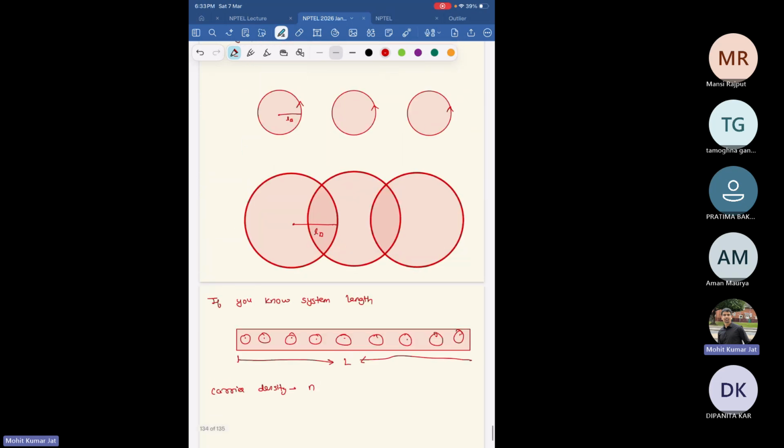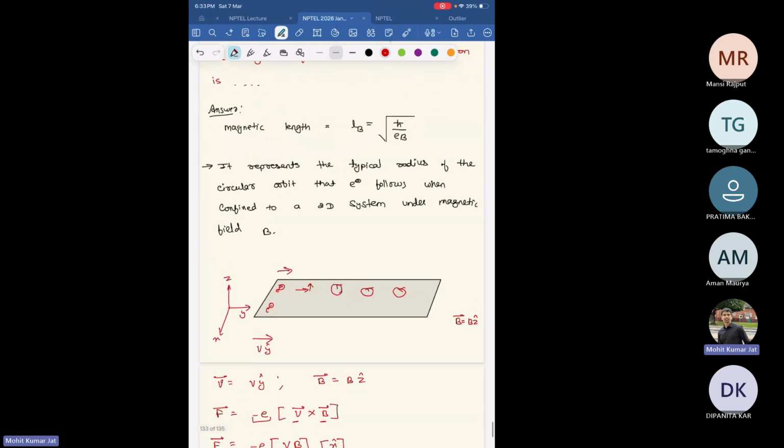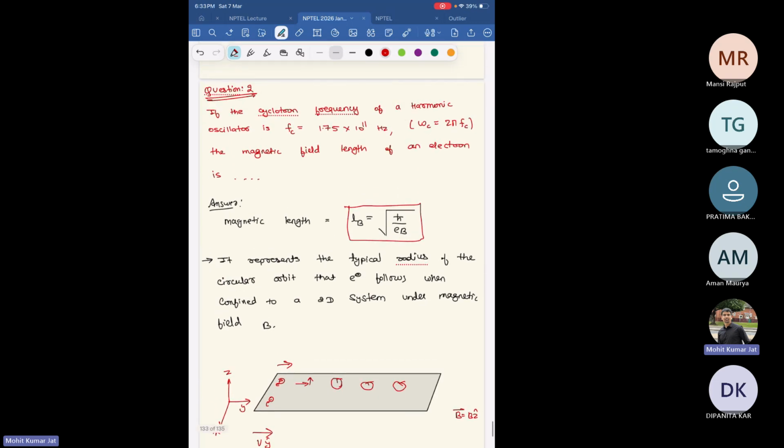That comes as the magnetic length, which is the square root of ħ by eB. So this is what the magnetic length is and why it is important in condensed matter.